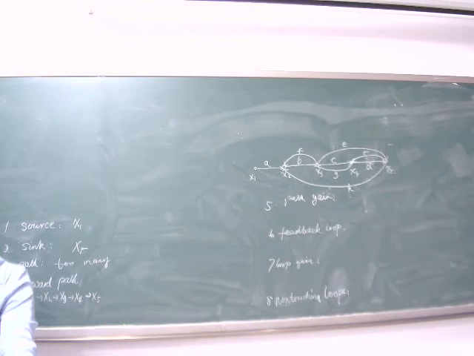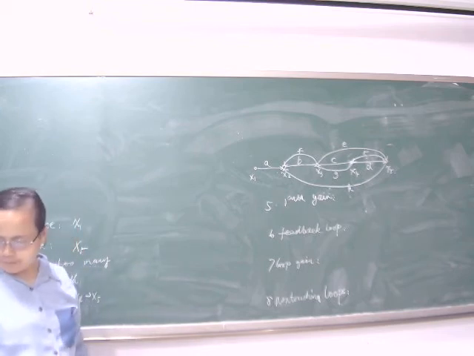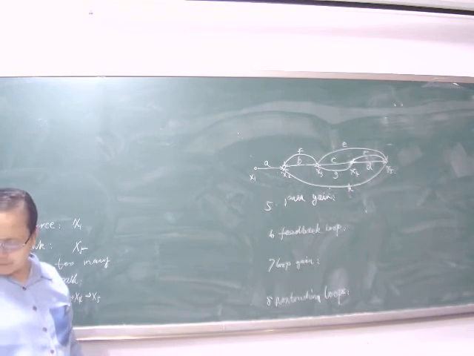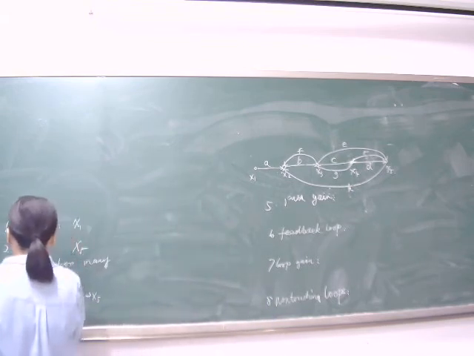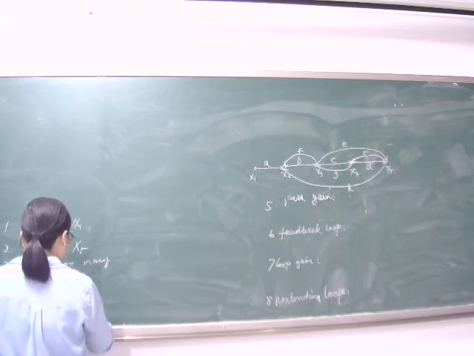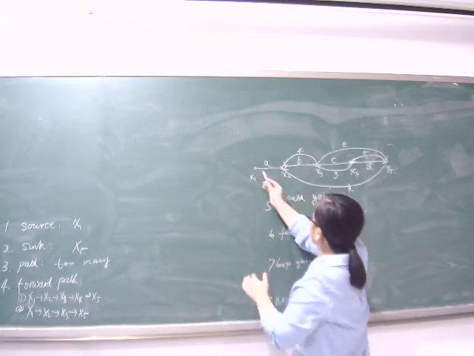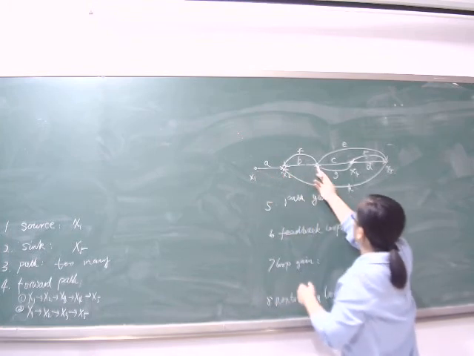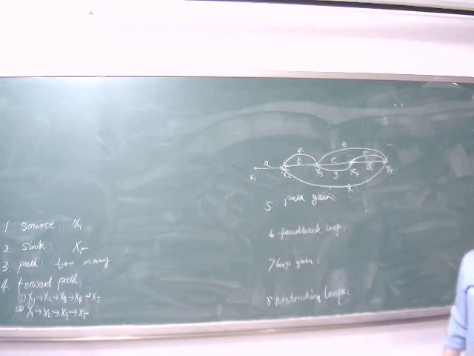X1, X2, X3, this one. So this is the forward path, X1, X2, X3 to X5.